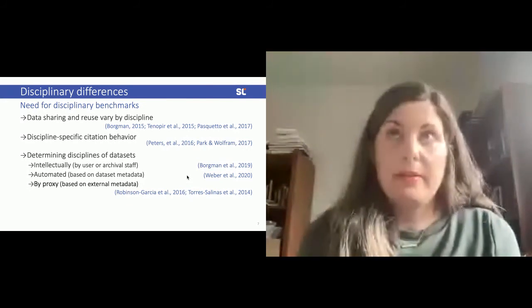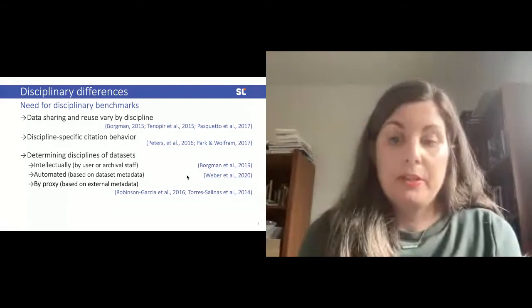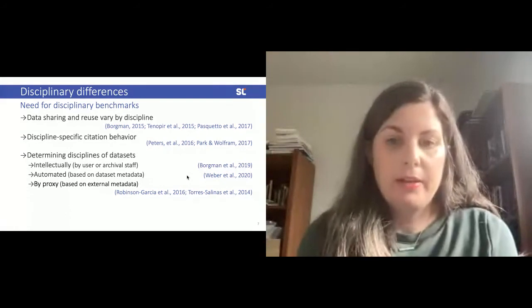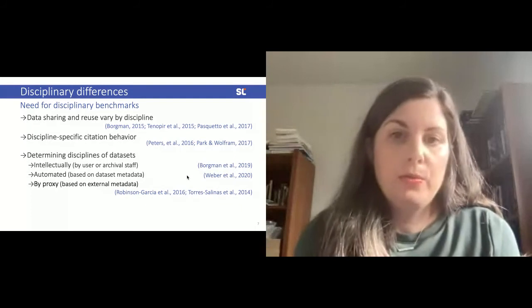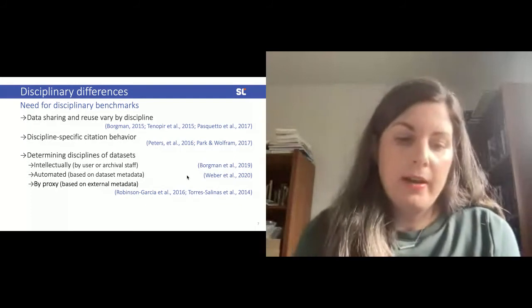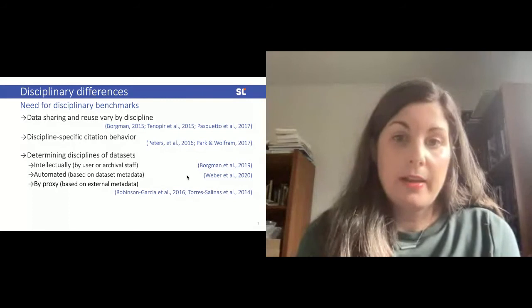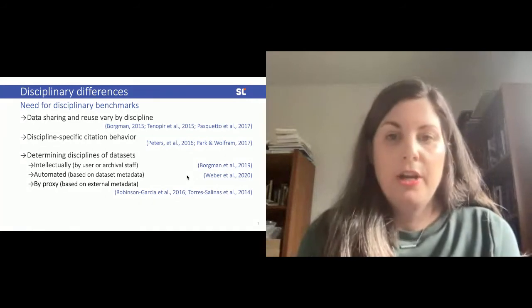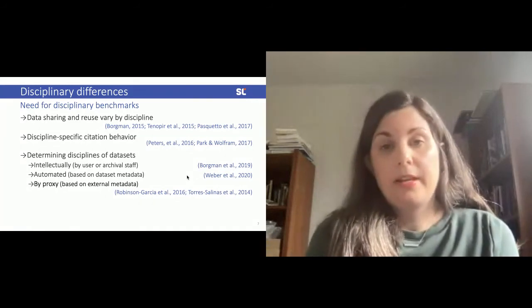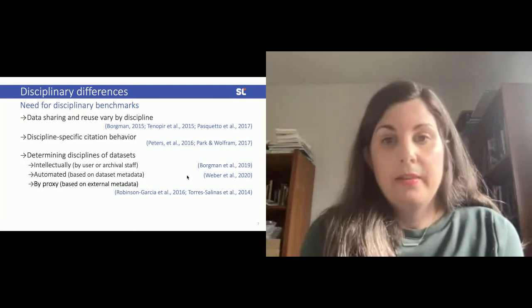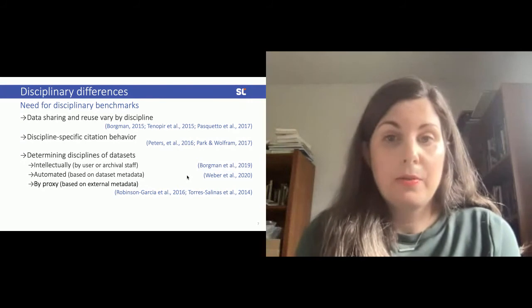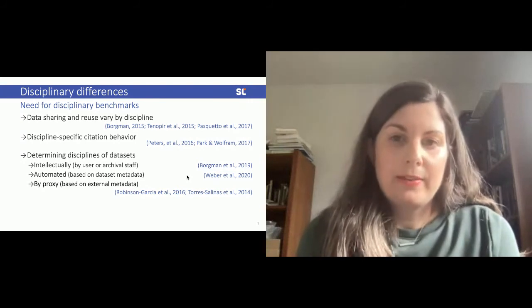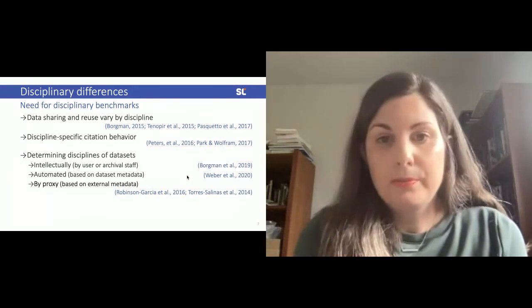So there's a really great PhD thesis in the works by Stephanie van der Zandt at CERN, who is actually looking at 2 different disciplines, high energy physics and social sciences, and she has already discovered lots of different behaviors in citing or mentioning data sets in the full text, how it's done, how complete the metadata is, and so on. And it's also been showing us that there's lots of more work to do.